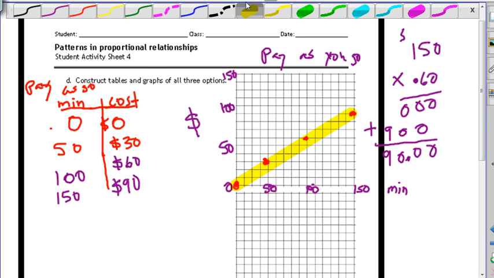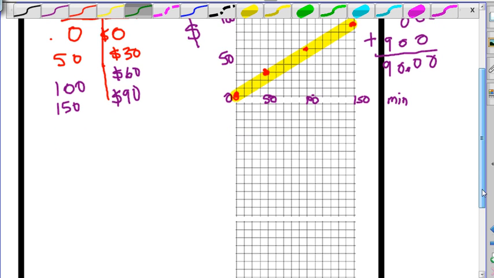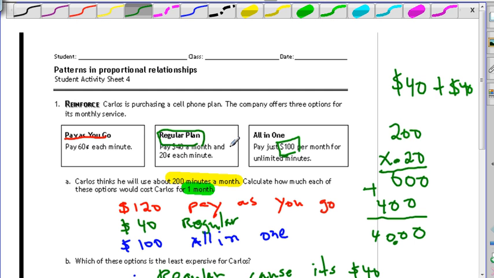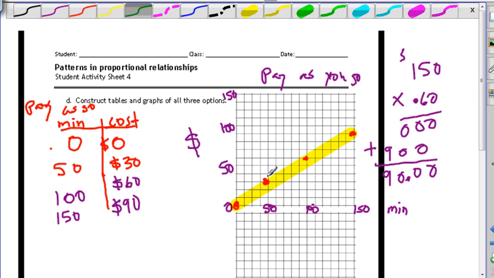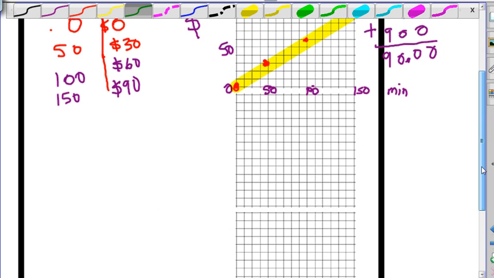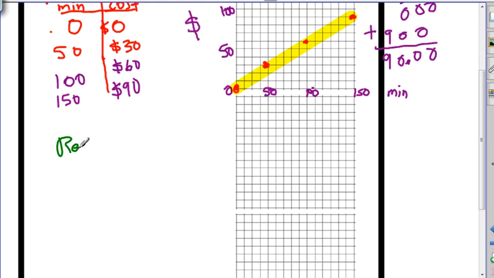Now the second one, if you look, it's not pay as you go, but I think the second one is called the regular plan. So make your second chart right here and call it the regular plan. Now right here, guys, it's the same thing.